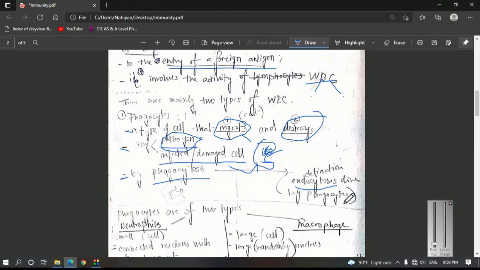Endocytosis is the taking in of large molecules, but in phagocytosis, one extra thing is the destroying of the engulfed object, the engulfed pathogen or the infected or damaged cell.